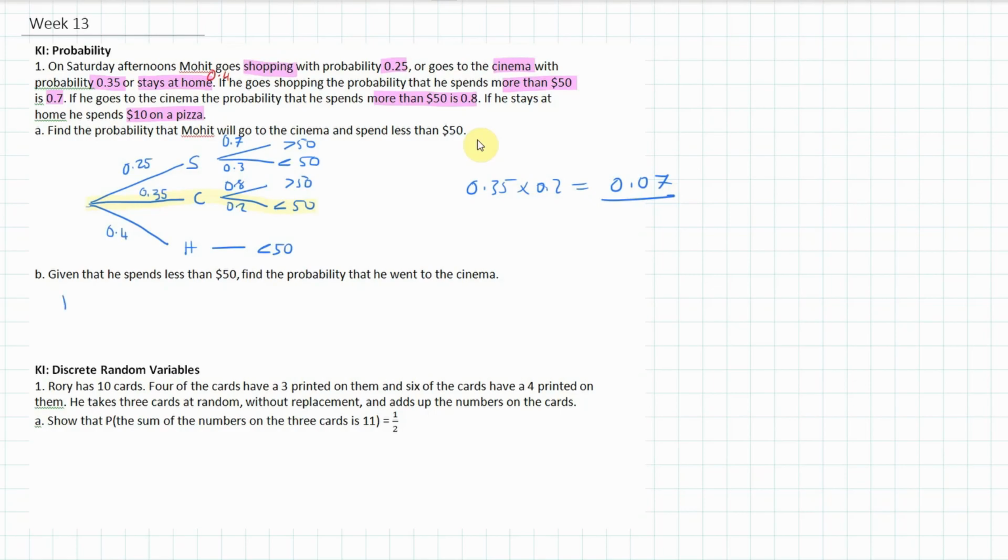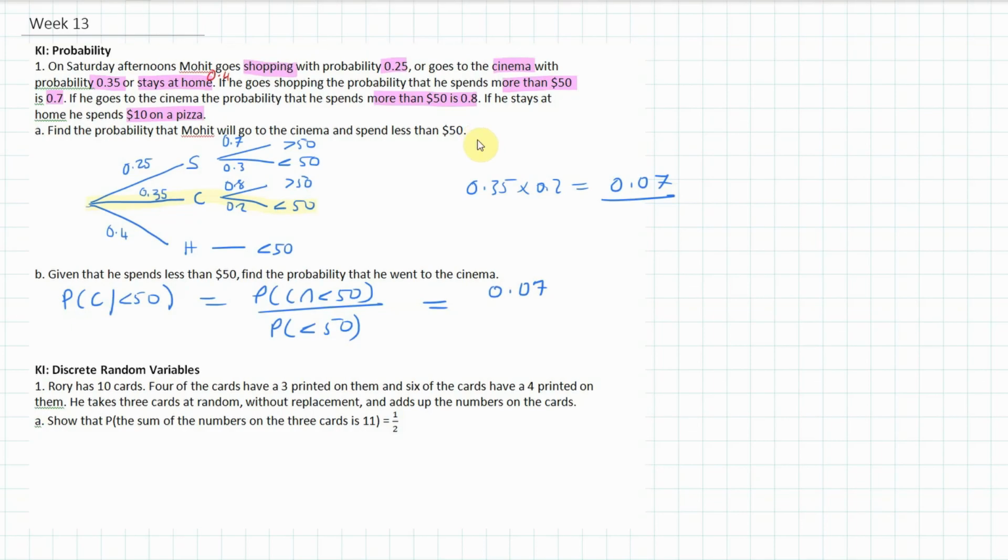So the next one: given that he spends less than $50, find the probability that he went to the cinema. So the probability of cinema given less than $50 is equal to the probability of cinema intersection less than 50 divided by the probability of less than 50. We've already worked out the top, cinema intersection less than 50, which is 0.07.